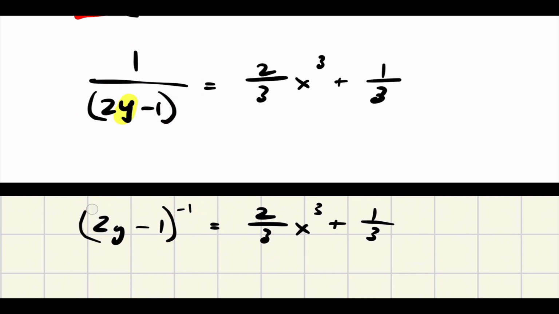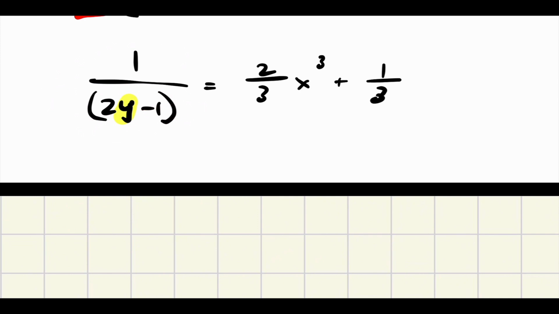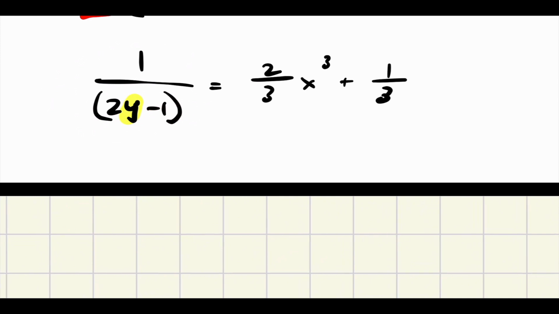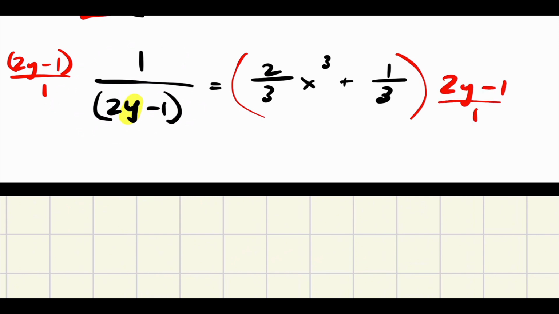Okay? So let's try that. Let's multiply by the reciprocal, 2y minus 1 over 1. This side goes away, right? It just becomes positive 1. This side becomes this.